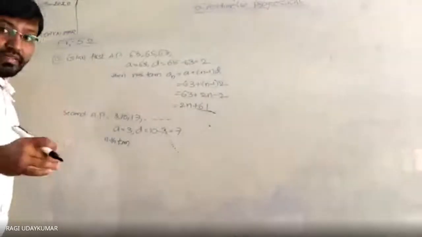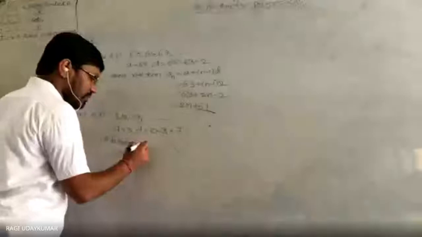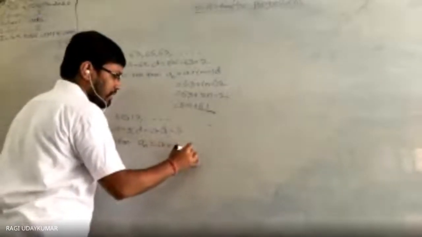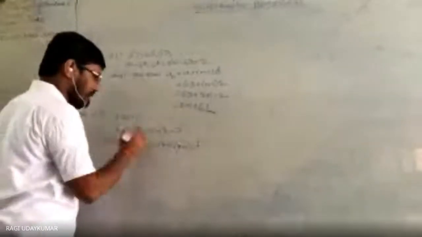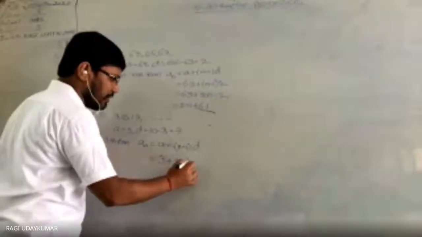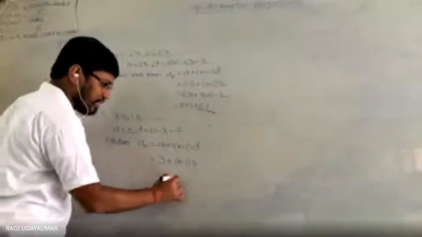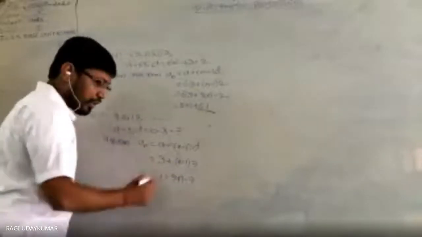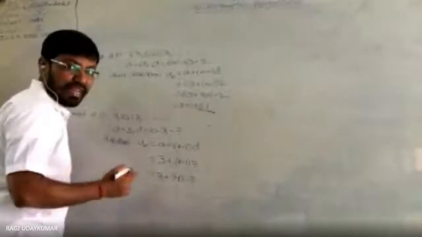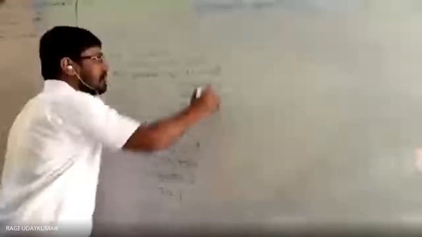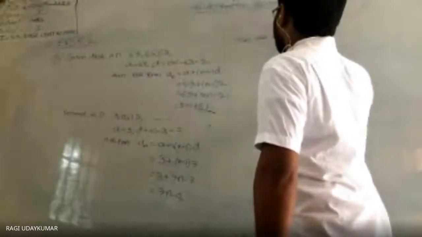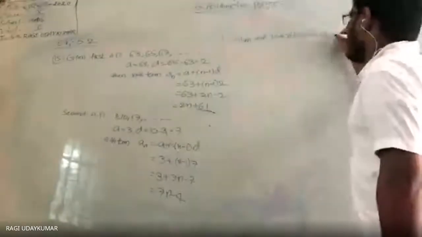The nth term an equals a plus n minus 1 into d, which is 3 plus 7n minus 7. Plus 3 minus 7 gives minus 4. So it is 7n minus 4.